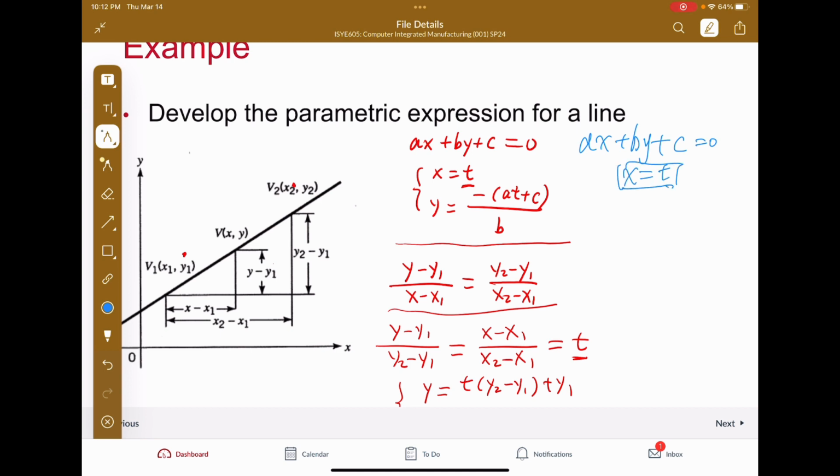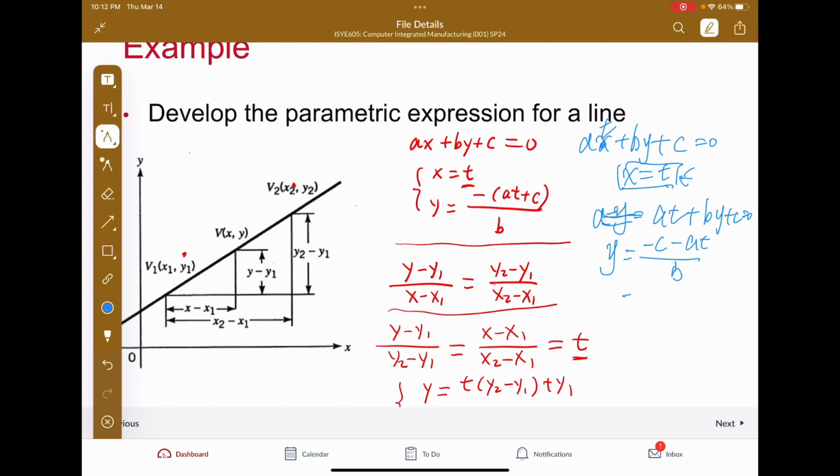This is what we give it, and then we can get y from this. So we use t to replace x here, and we'll have y equals to, from ax + by + c = 0, minus c minus at, over b.